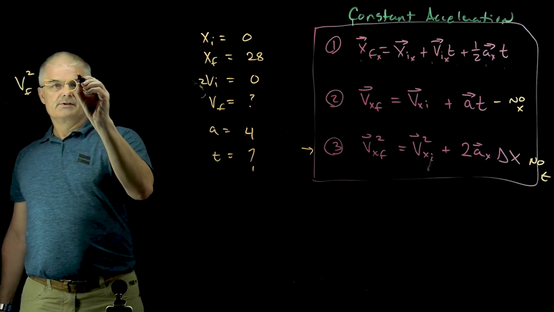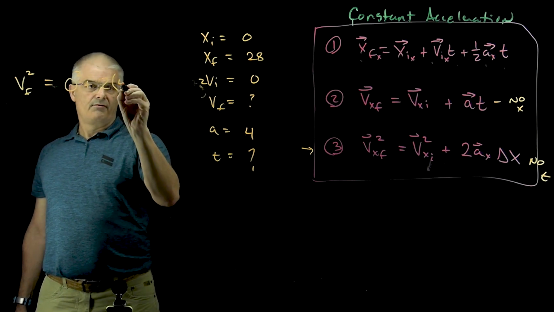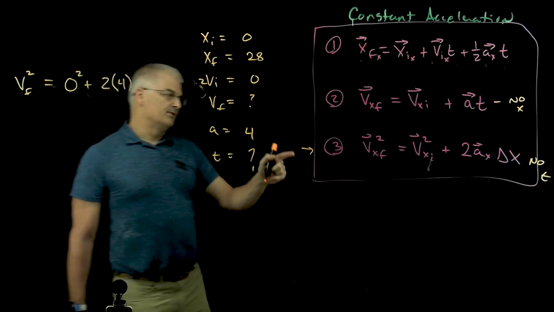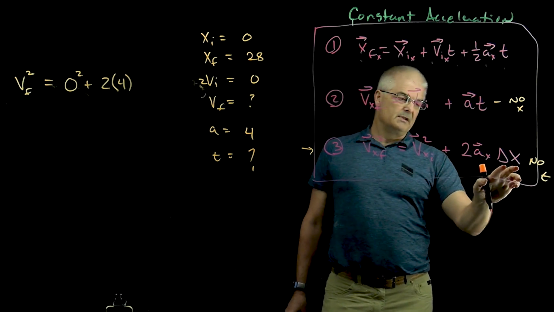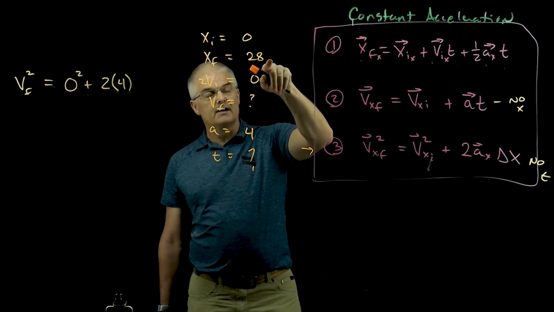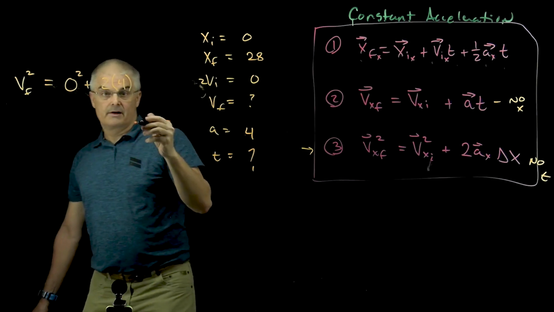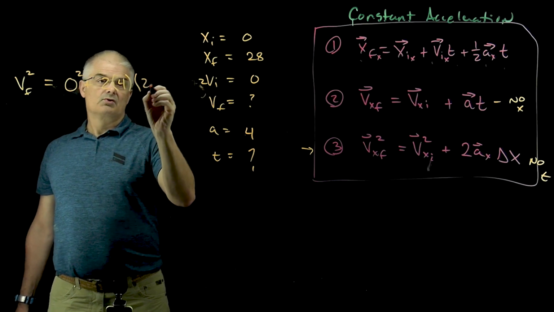Well, that's super easy. 0 squared plus 2 times 4 times delta x. Let's talk about the delta x. Delta means the change in the x. This started at 0 and went to 28, so the difference is 28. But if you started at 5 and went to 28, it'd be 23 or whatever. So that'd be just times 28.